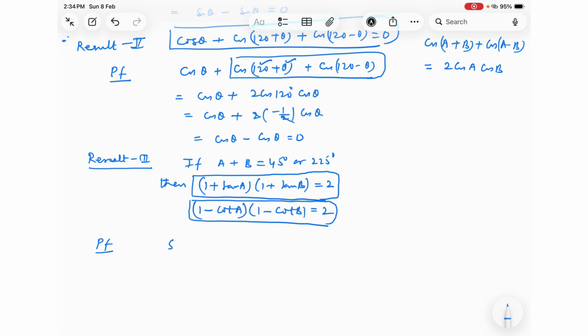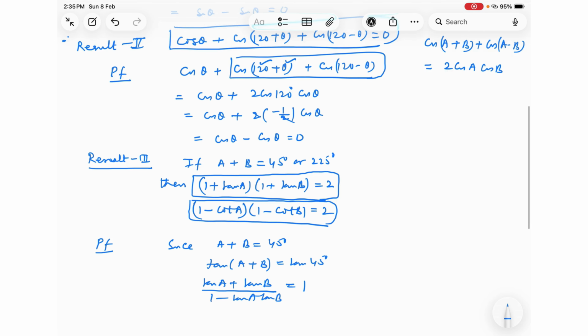Now the proof is, since A plus B is equal to 45 degrees or 225 degrees, if you apply tan on both sides, tan (A plus B), we already know it is (tan A plus tan B) by (1 minus tan A tan B), and tan 45 is already 1, we already know.